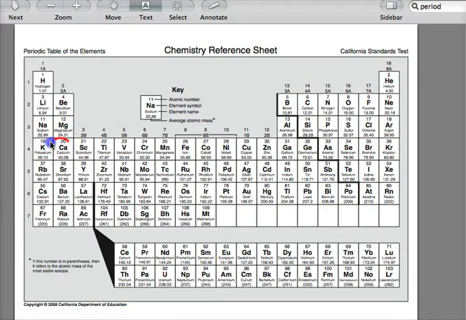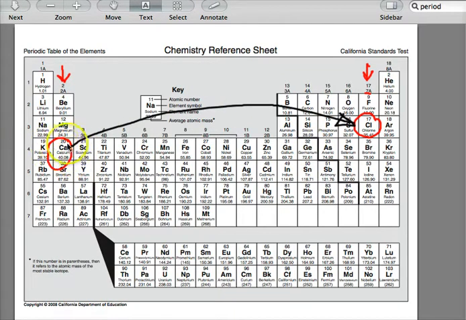Let's take a look at calcium, and let's take a look at chlorine. Calcium is in group 2, which means it has 2 electrons in its outer orbital. Chlorine is in group 7, which means it has 1 space available in its outer orbital. Can these 2 elements combine so that they're both happy with their full outer orbitals?